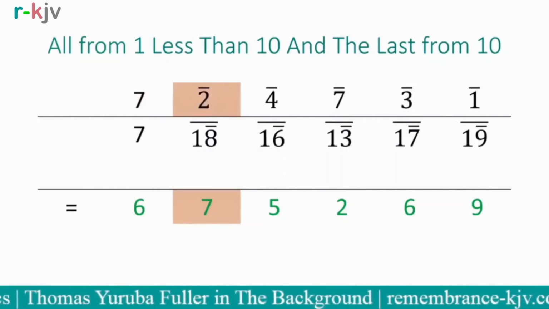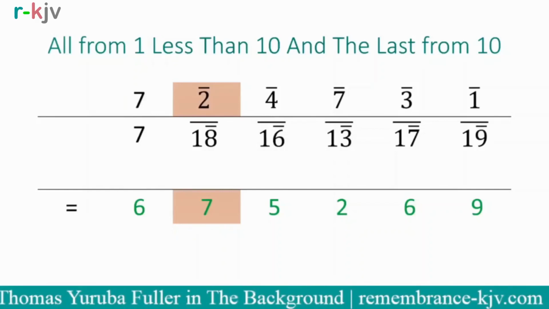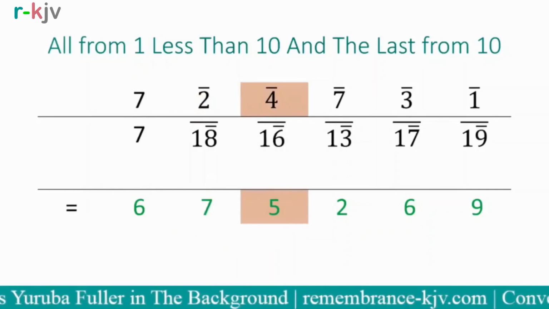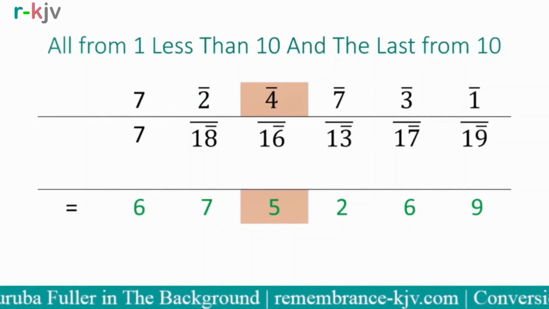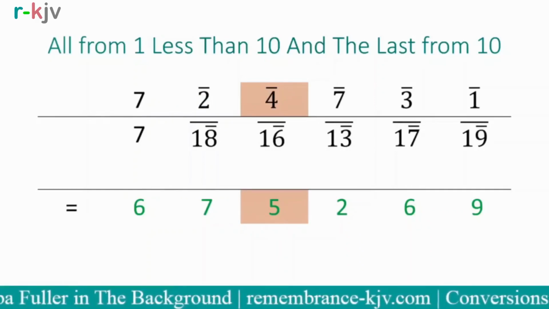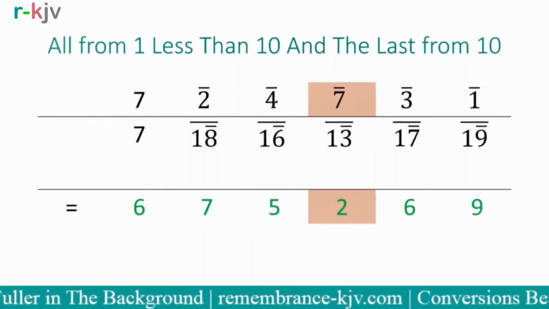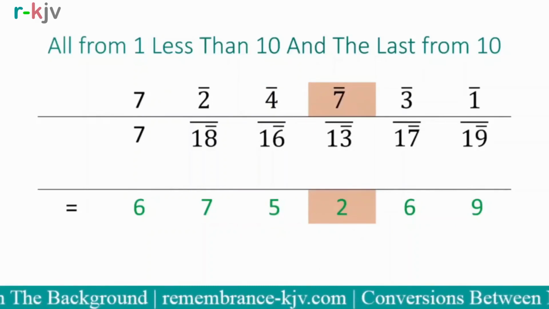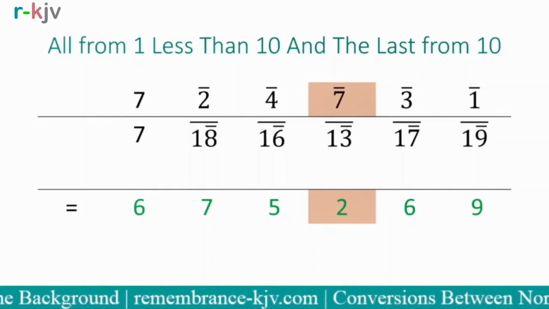This 7 below is 9 less the 2 under the vinculum above. This 5 below is 9 less the 4 under the vinculum above. This 2 below is 9 less the 7 under the vinculum above.